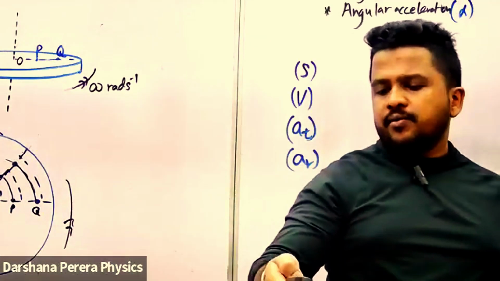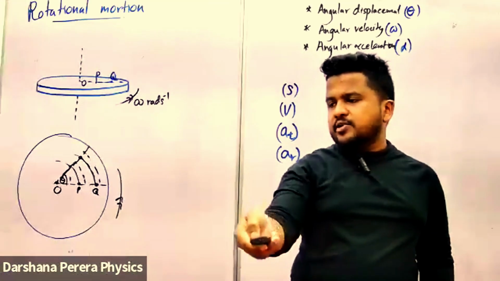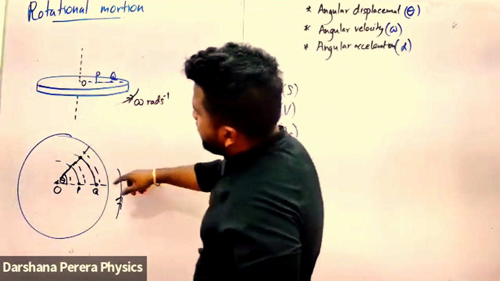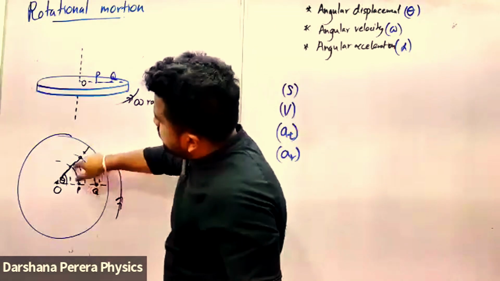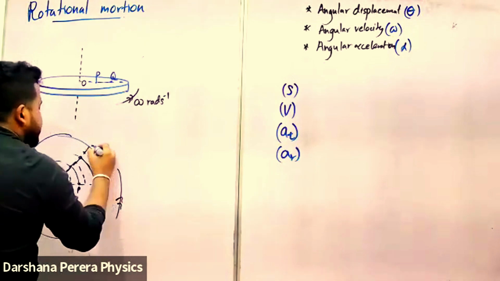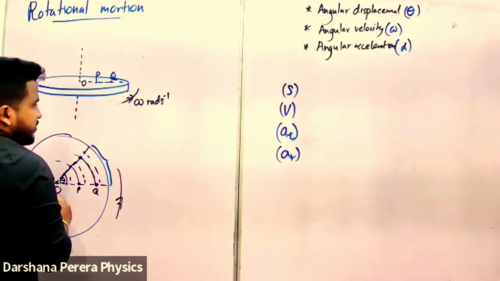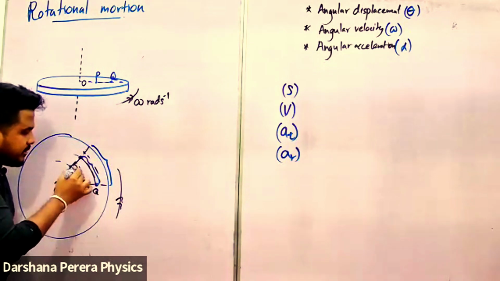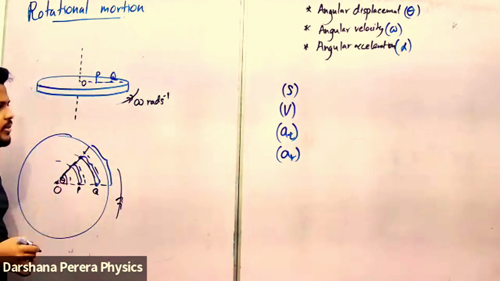What are these? In circular motion we discussed them. S means the distance traveled on the perimeter. That means this distance, which is different for each particle. See, it is traveling like this.